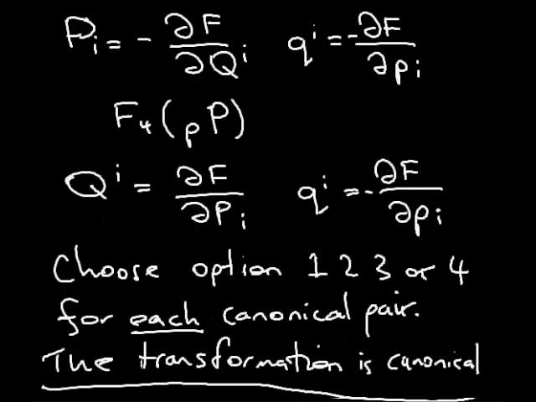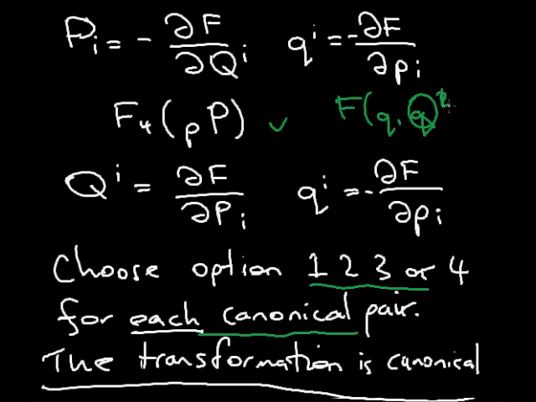So in fact, if we have more than one canonical pair, we can actually mix and match. For example, let's say f depends on big and little q1, and also depends on little p2 and big q2. So it's type 1 for the first canonical pair and type 3 for the second canonical pair.